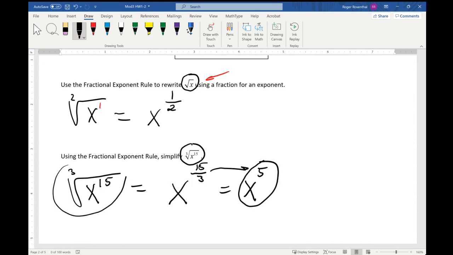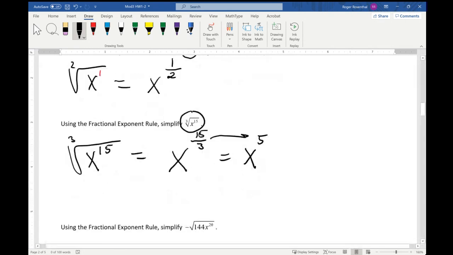Notice, if you take the number on the inside and divide it by the index, that tells you the power you're going to end up with. And that would always work, as long as you can evenly divide them. If you can't, then we'll look at that soon as how you handle that.